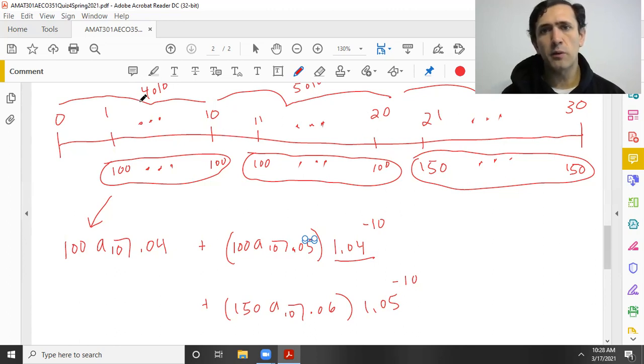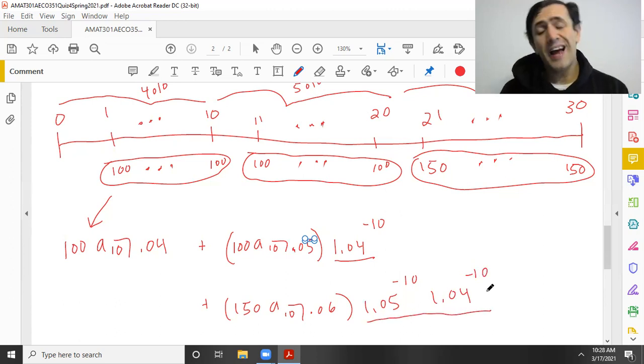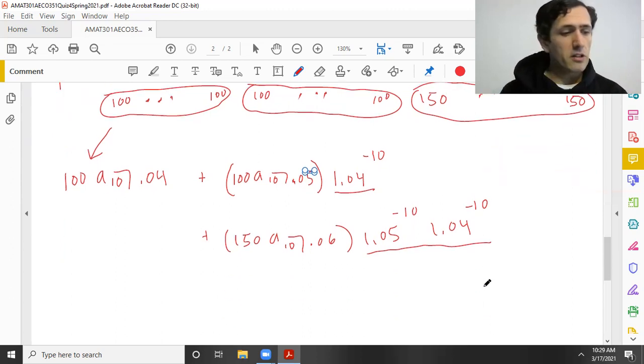Now we have to go from t equals 10 to t equals 0. Discount it again by 10 years. So if you forgot this completely, I was pretty harsh, because that's kind of the point of this course, being very mindful of the force of interest, and discounting things properly. But anyway, all right, so you add all this up.